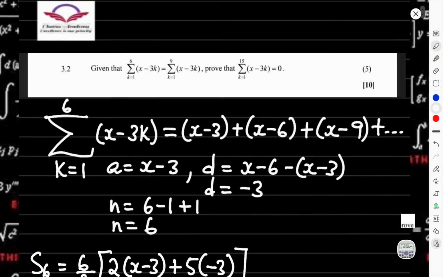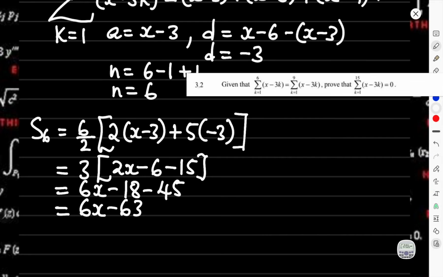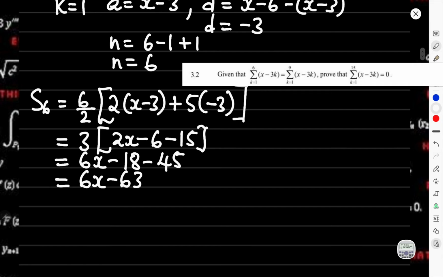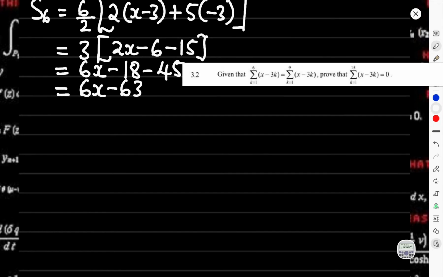The second one, we have this sigma, 9, k equals 1, of x minus 3k.